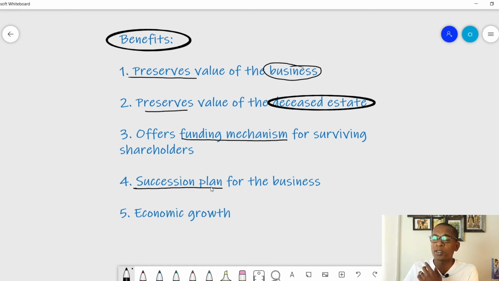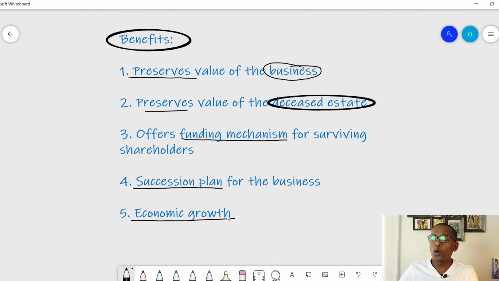Investors, creditors, and so on, customers, they're very interested in what's going to happen when something happens, like the death of a shareholder. Then obviously at the end of the day, it gives you economic growth. There's nothing more important than having our businesses be very sustainable. So we don't want events such as a death event to completely put the business out of economic activity.